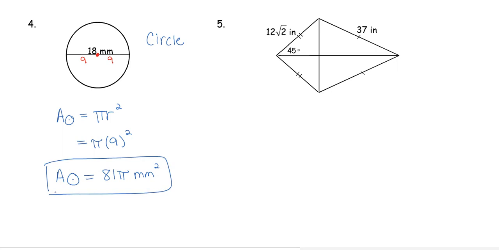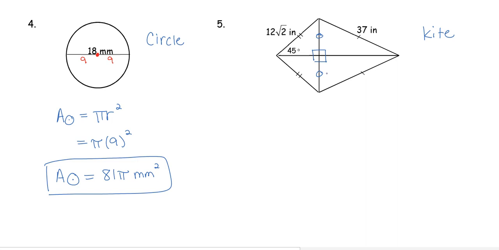Our last one, and this one, as we look at our shape, is going to be a kite. We remember from our quadrilateral unit that with our kite, we have those two consecutive sets of congruent sides. And with kites, we know that our diagonals are perpendicular, and the short diagonal is being bisected.